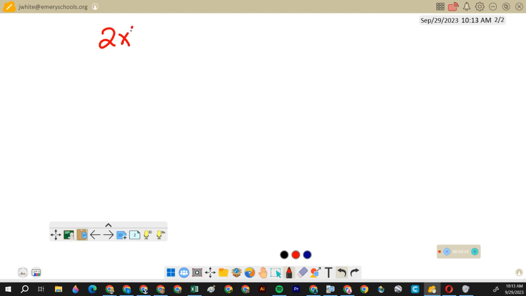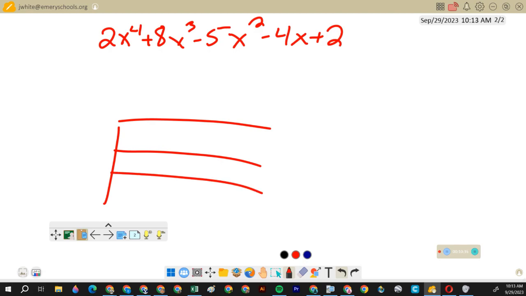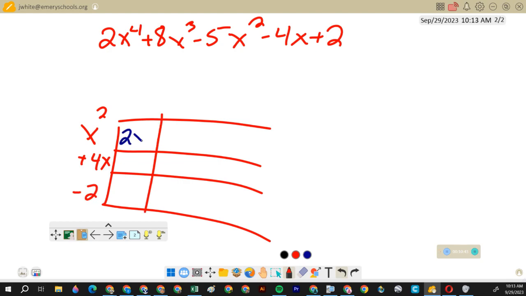So 2x to the 4th plus 8x to the 3rd minus 5x squared minus 4x plus 2. This one is going to have 3 rows, and that one's pretty obvious. X squared plus 4x minus 2. Okay, so we stick in 2x to the 4th. What happens when I divide that by x squared?